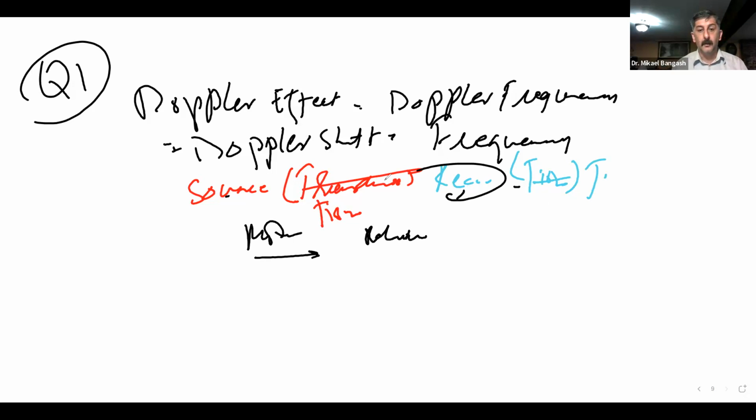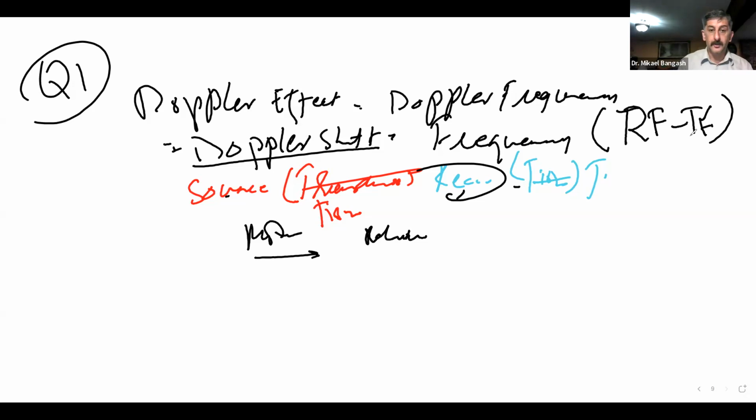Clear? And the shift of the frequency is mainly the difference between the reflected frequency and the transmitted frequency. Clear? So the whole thing about Doppler is the difference between these two frequencies.